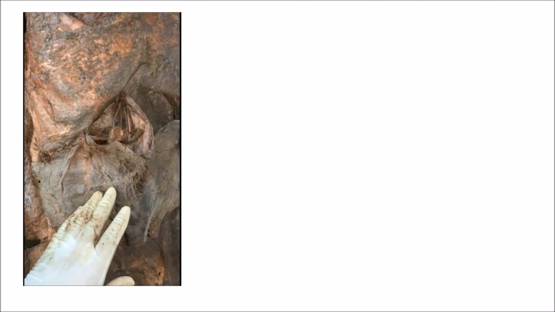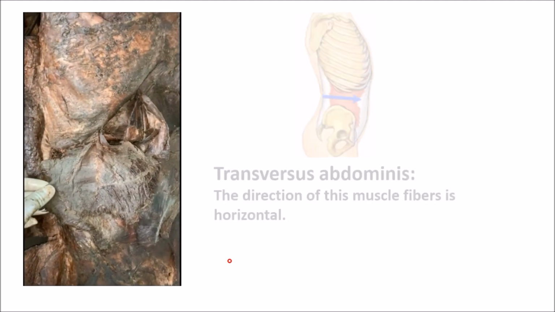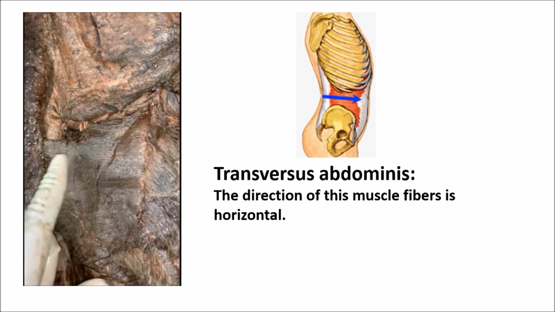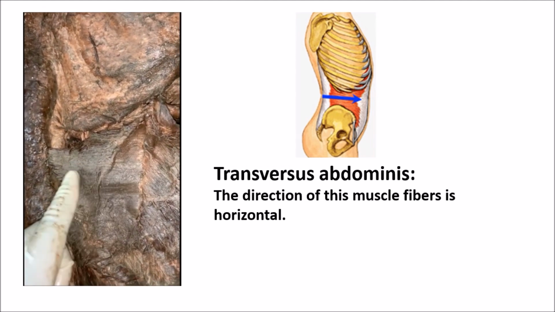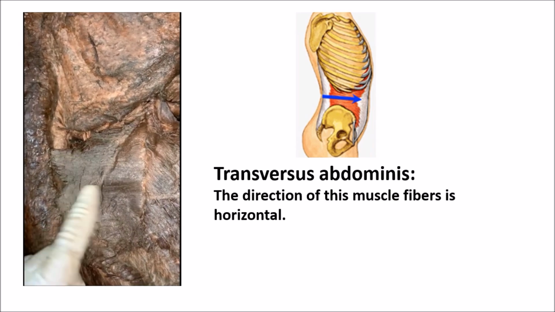After reflecting the internal oblique, the transversus abdominis is now exposed, and here you can see the pattern of its fibers.